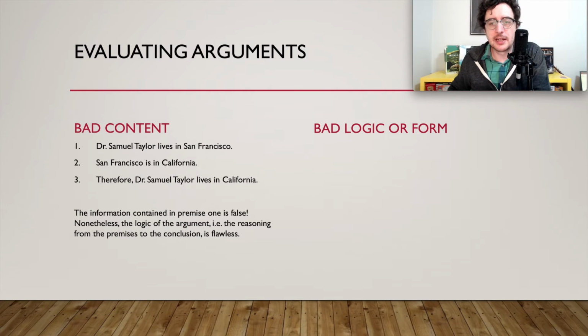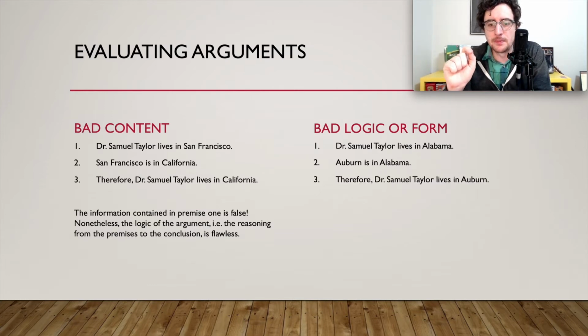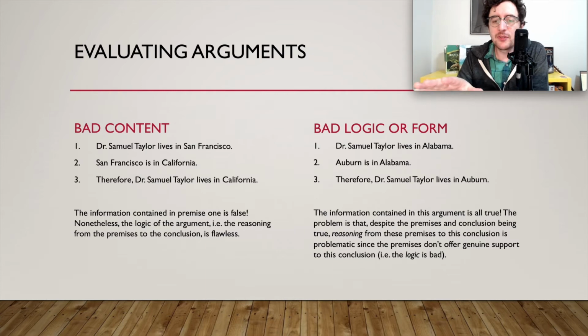On the other side here, though, consider the argument that says, premise 1, Dr. Taylor lives in Alabama, and Auburn is in Alabama. Therefore, Dr. Samuel Taylor lives in Auburn. Now, in this argument, the content is actually perfect. All of the information contained in this argument is true. I do live in Alabama, Auburn is in Alabama, and I do live in Auburn.